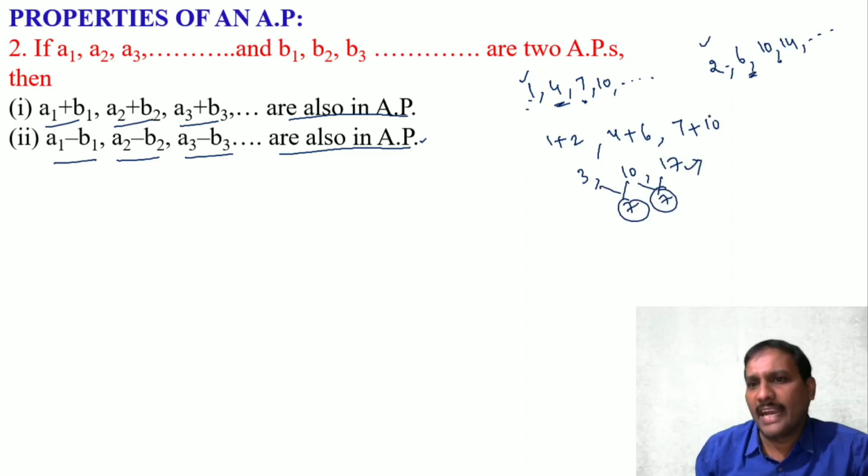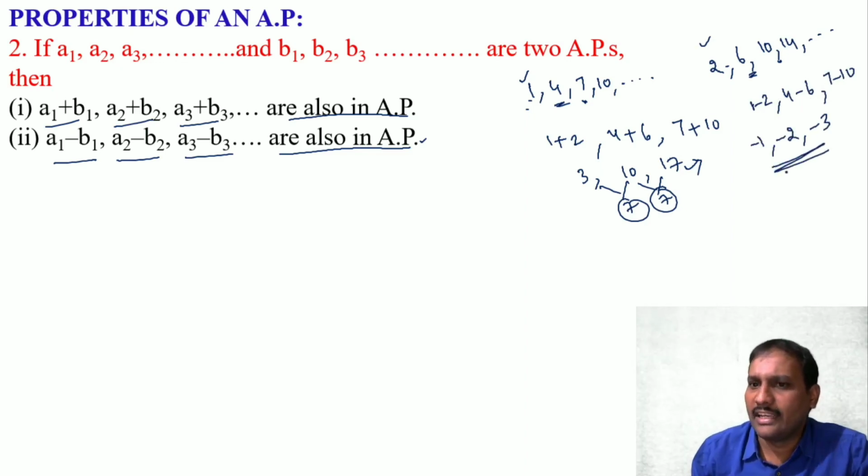Now let us subtract them. What you will get? 1 minus 2, 4 minus 6, 7 minus 10. 1 minus 2 is minus 1. 4 minus 6 is minus 2. 7 minus 10 is minus 3. So clearly this is also an arithmetic progression. So that's what it is saying.